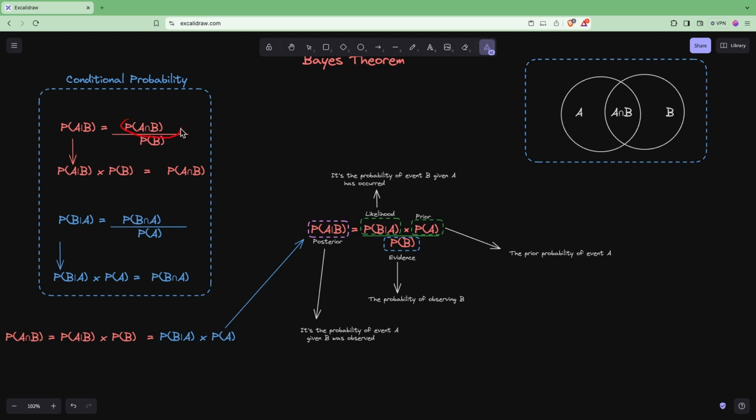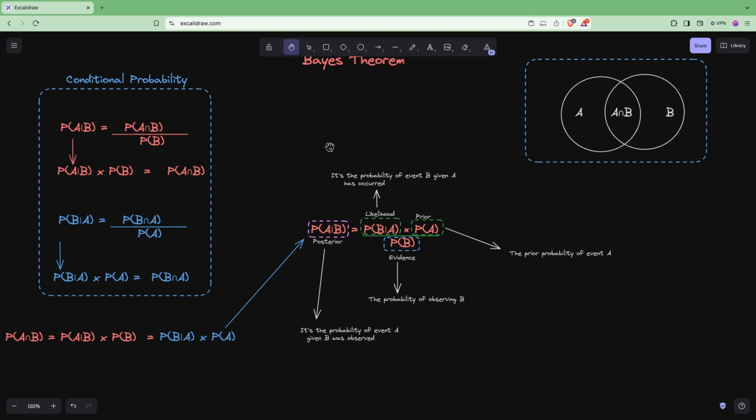You see that? The probability of A intersection B or B intersection A is always the same, because it is the same event that occurs every time.